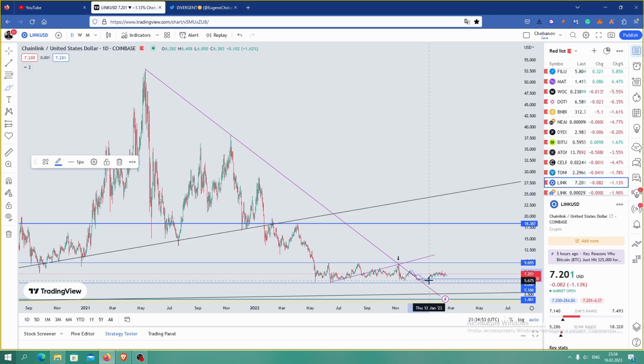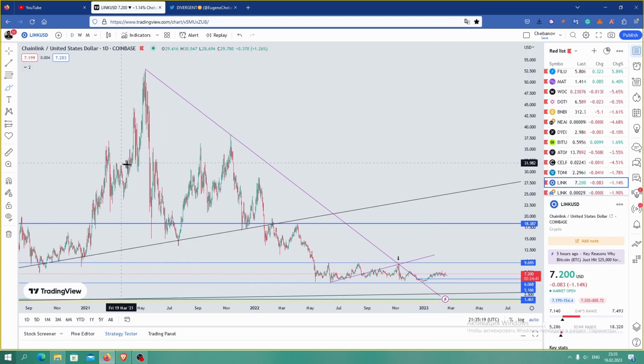But Bitcoin pumped, altcoins made hundreds, 100, 200, 300%, depending on the altcoin. And Chainlink was almost stuck in this area, and it didn't break any resistances, and it didn't even approach the resistance of this range.